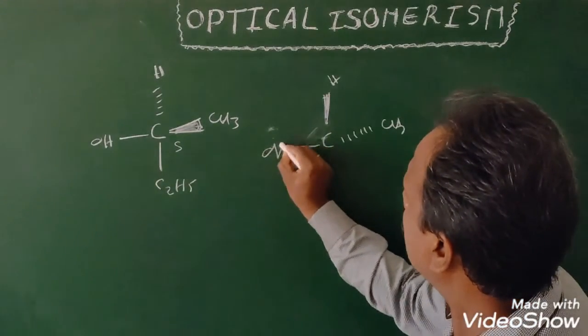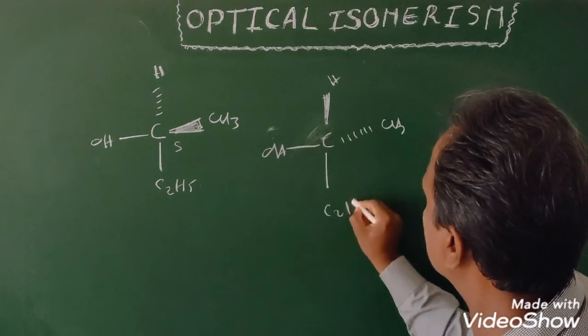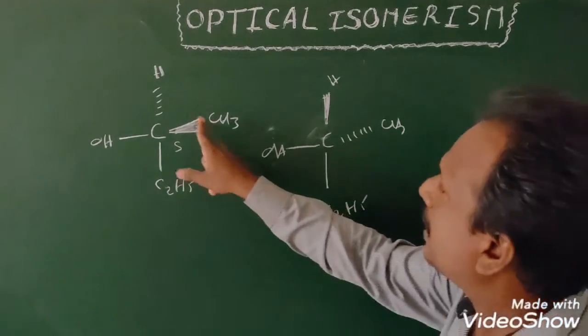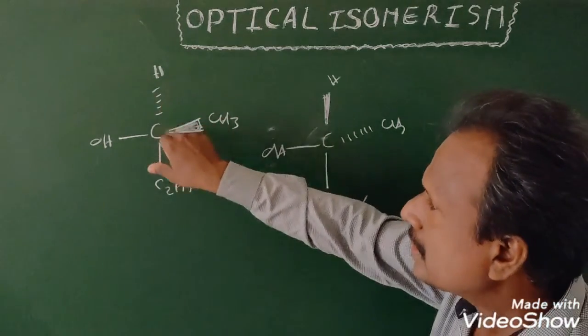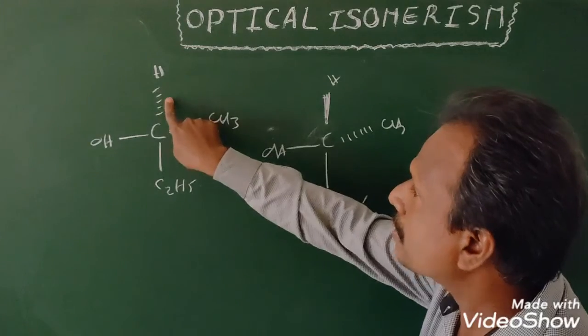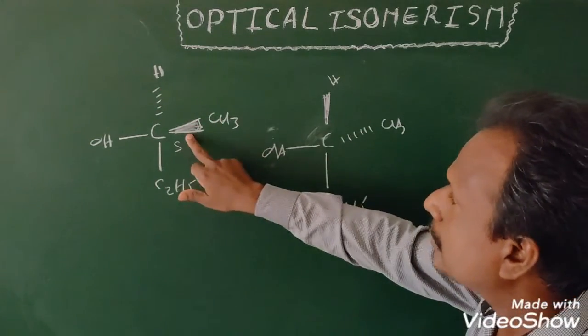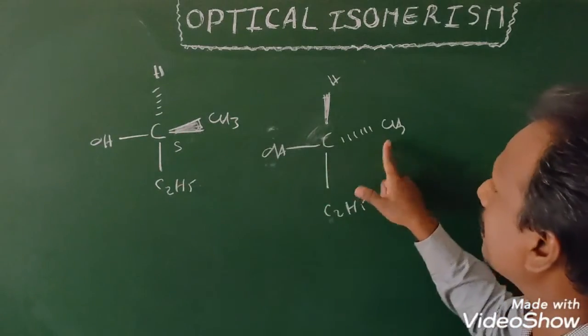The remaining two groups are in the same plane. By changing the broken wedge atom to thick wedge atom and thick to broken, we obtain its enantiomer.